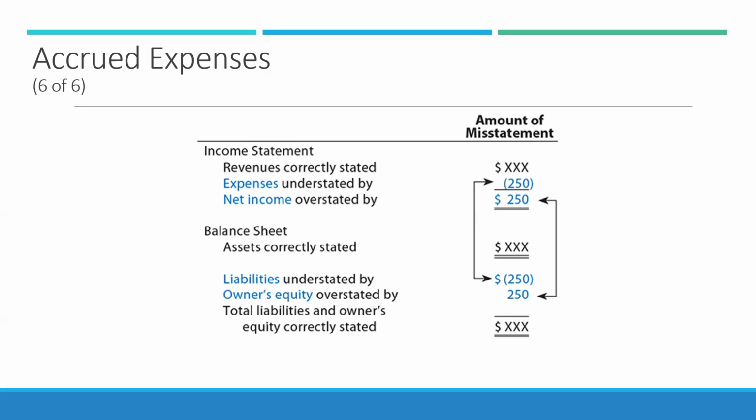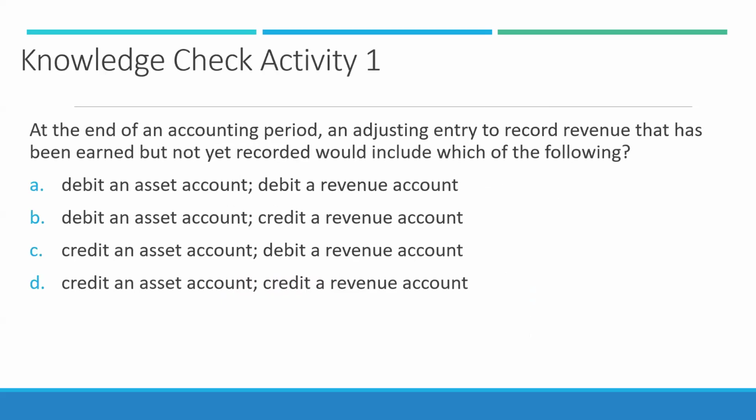Okay? When we record the expense, then our net income is going to go down and ultimately our owner's equity goes down. So the whole purpose of these accrual entries is to accurately show what's really happening in the business.